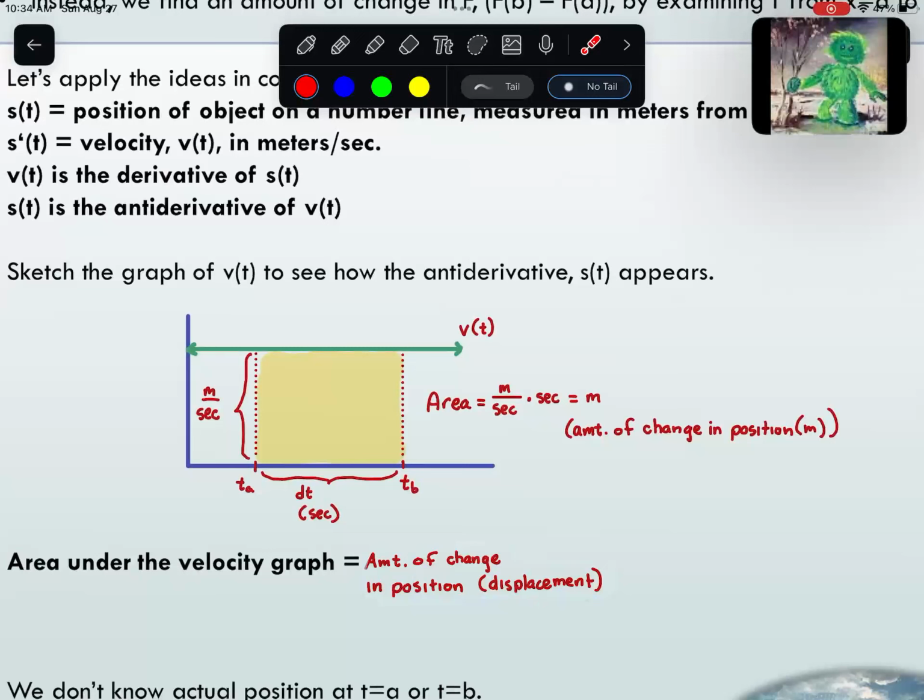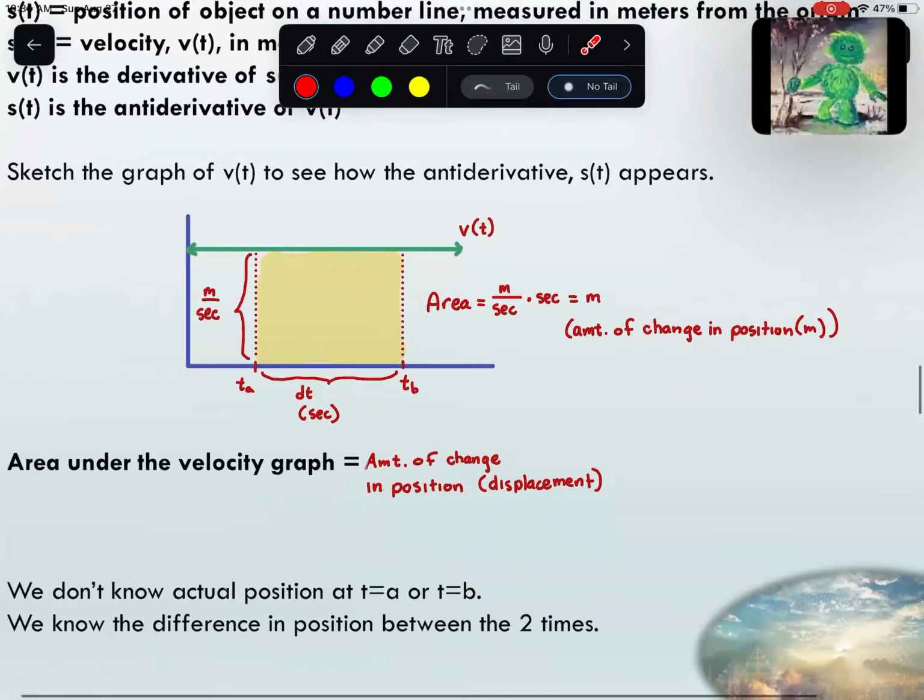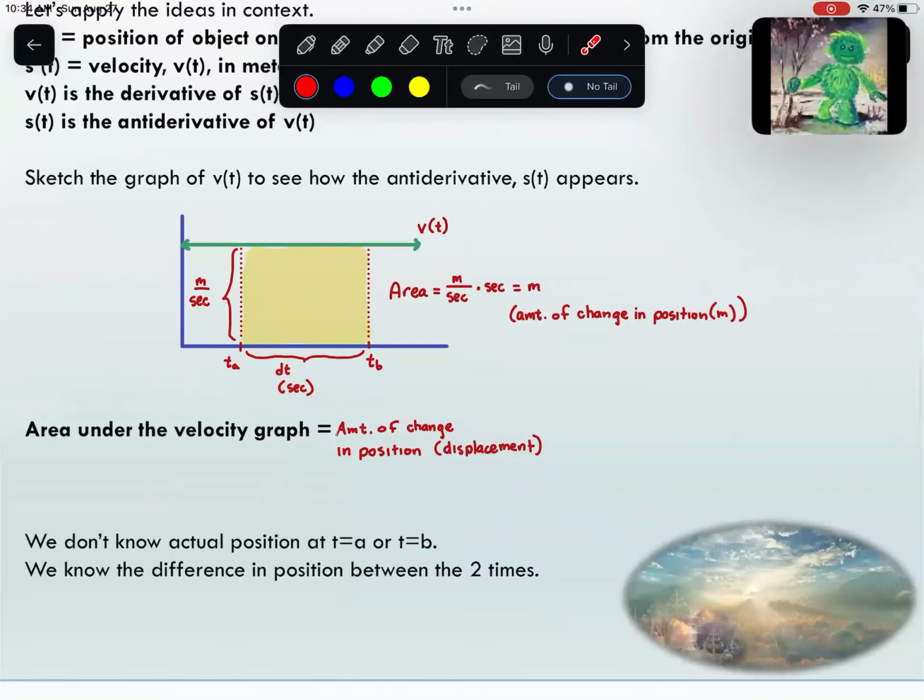It's called displacement. Long story short, if you find an area under velocity between two given times, you've just calculated the displacement of the object between those two times. We still don't necessarily know what the starting position was or what the ending position is. We just know how much the position has changed.